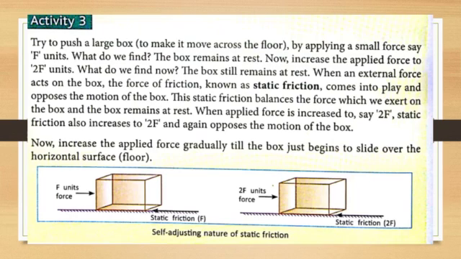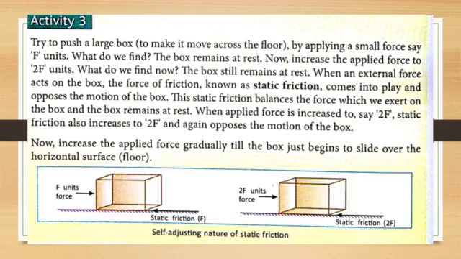Whenever you have to move a heavy object, what do you do? You apply force and the object does not move. Then you increase the applied force to 2F unit. What do you find out? The box still remains at rest. When an external force acts on the box, the force of friction known as static friction comes into play and opposes the motion of the box.